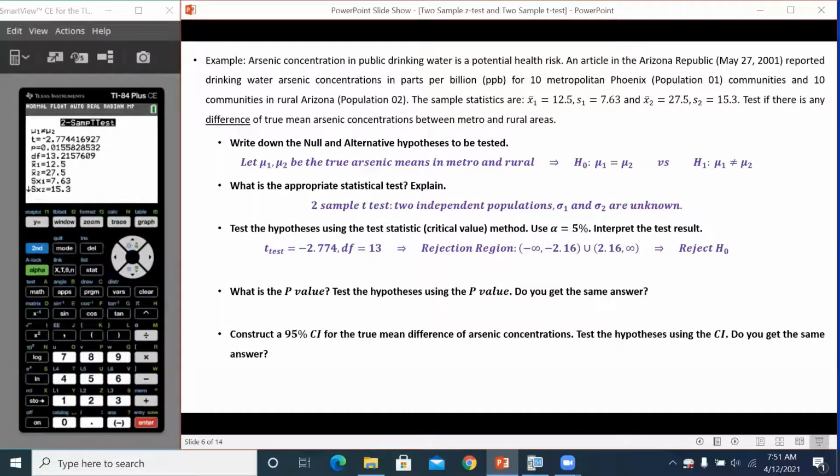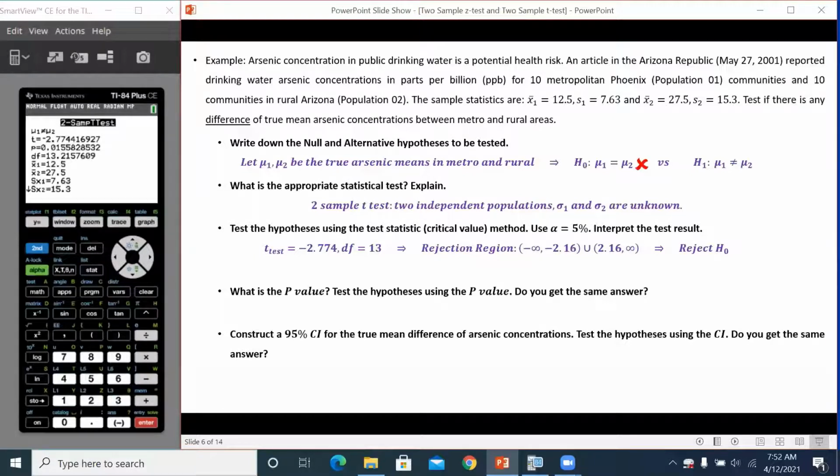Therefore, the two rejection regions are from -infinity up to -2.16 and from +2.16 up to +infinity. The test statistic -2.774 is in the rejection region. Therefore, we reject the null hypothesis.